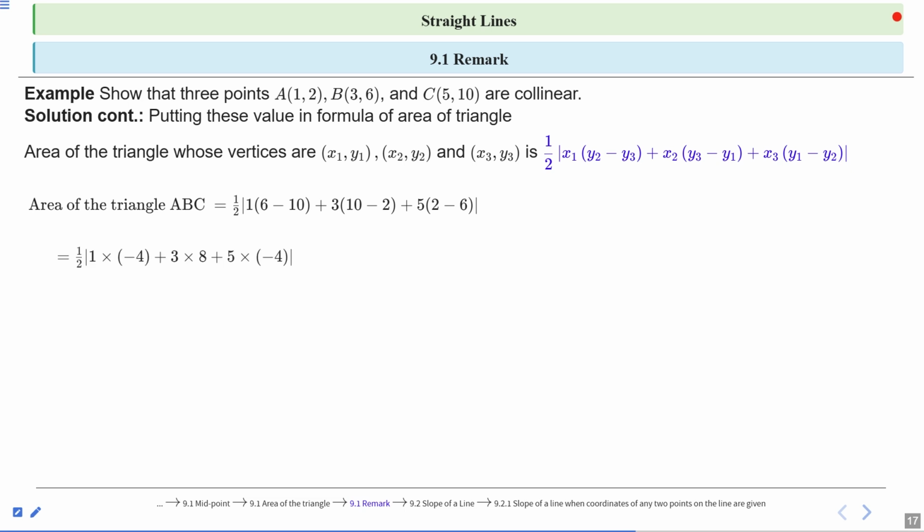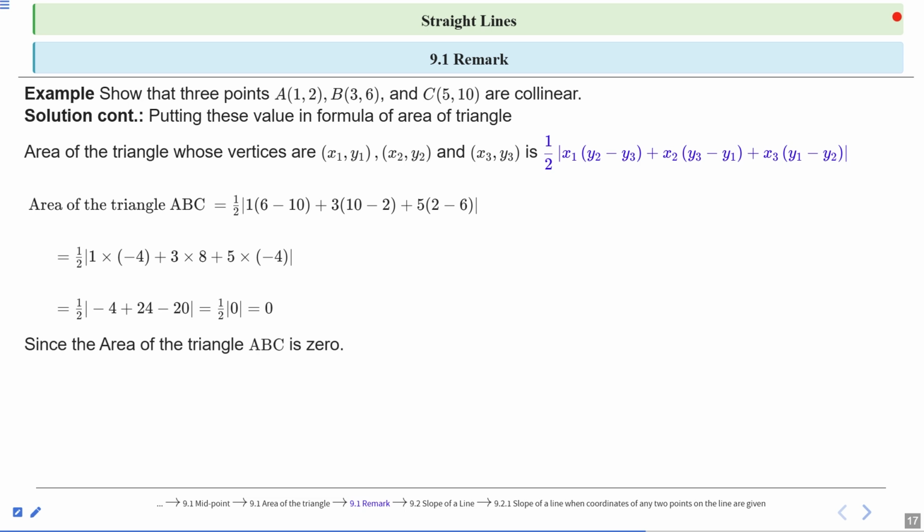This is equal to 1/2 modulus of 1 times (minus 4) plus 3 times 8 plus 5 times (minus 4), which is 1/2 modulus of minus 4 plus 24 minus 20. If we cancel, we get 0 by 2, which is equal to 0. So here we get the area of triangle ABC is 0.